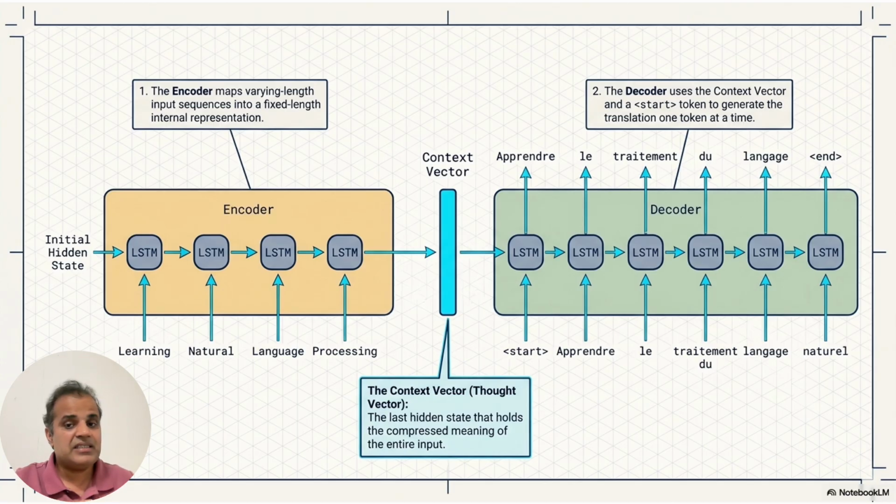It compresses this entire phrase into a single fixed length context vector, often called a thought vector. The decoder then takes this solitary vector along with the start token to generate the target French translation token by token until it hits the end token.